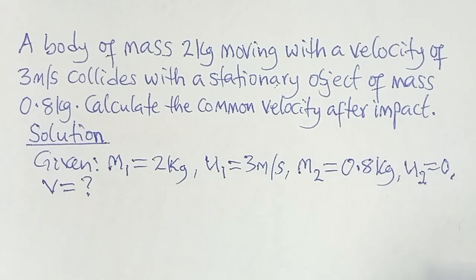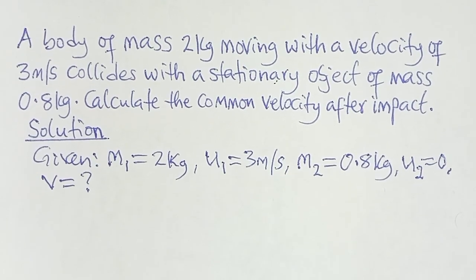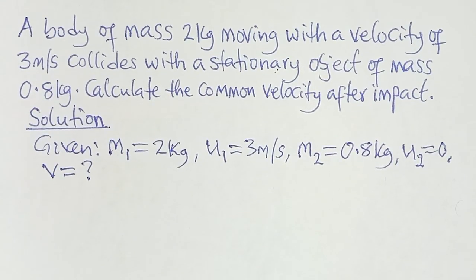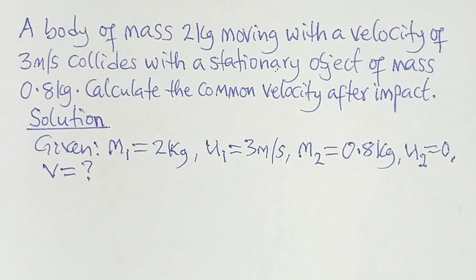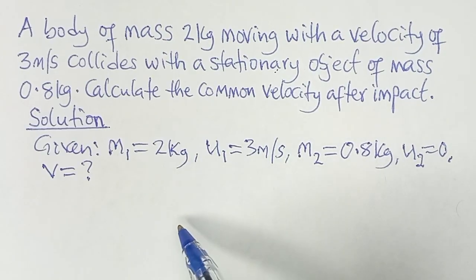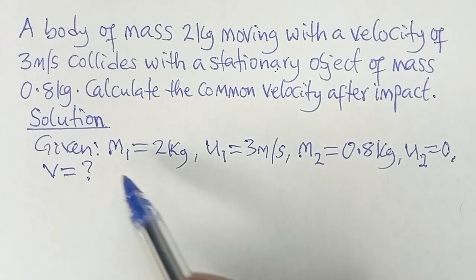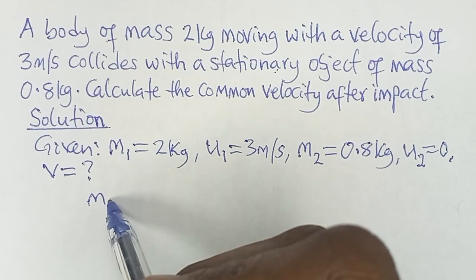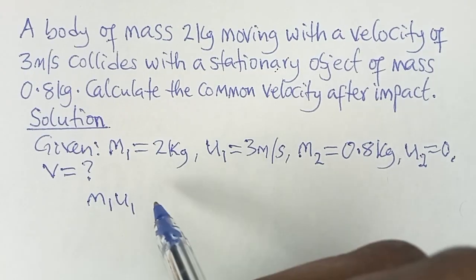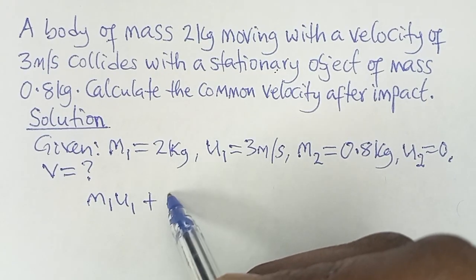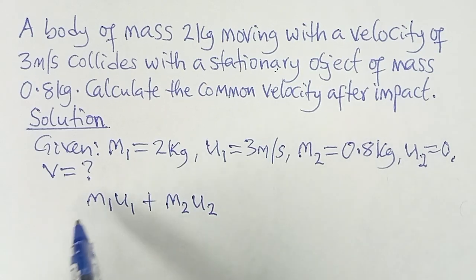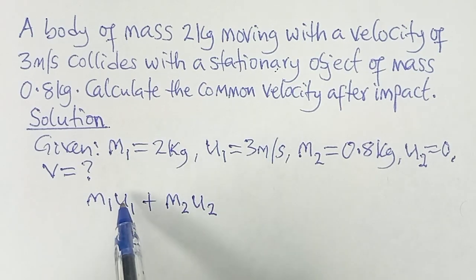So V is the common velocity with which they move after the collision. The formula that connects these objects is that their total momentum before impact is equal to their total momentum after impact, according to the law of conservation of momentum. So I have M1 U1 plus M2 U2. Don't forget, momentum is mass times velocity.